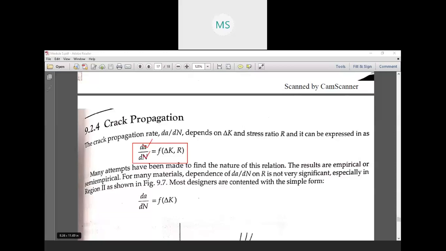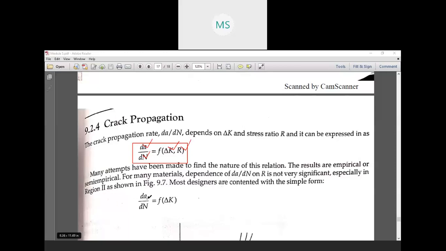Variation of crack with respect to the cyclic load, as a function of del K. What is del K? The stress intensity factor and the stress ratio. So dA by dN is a function of del K and R. We have seen so many graphs between these two.